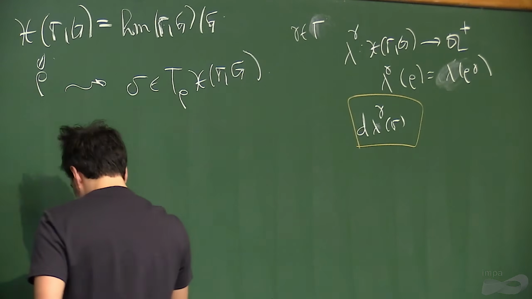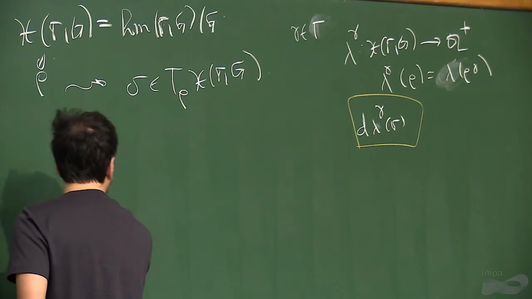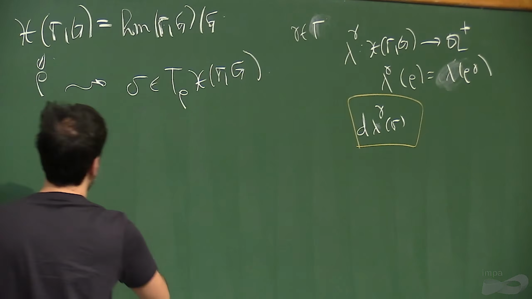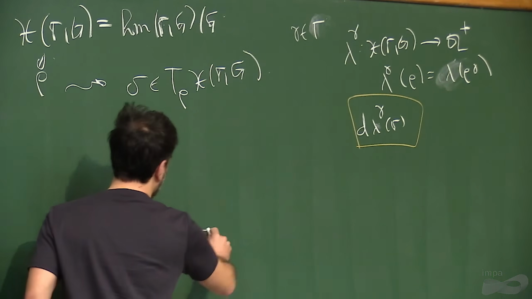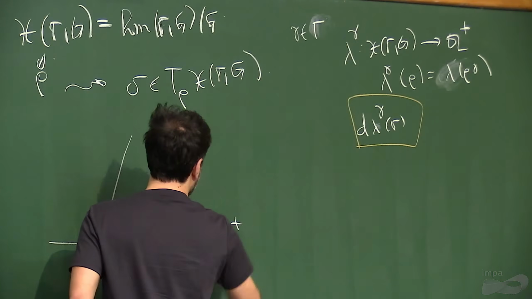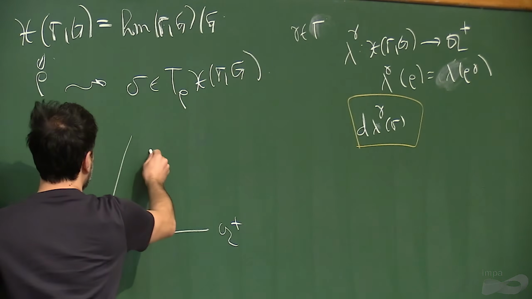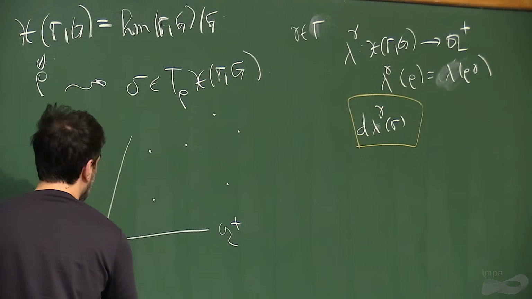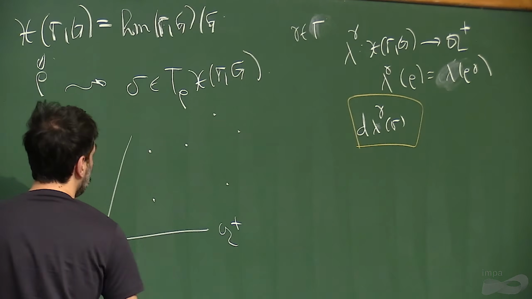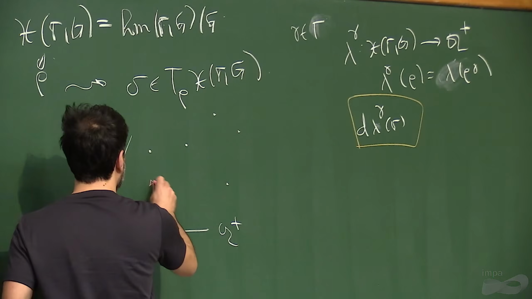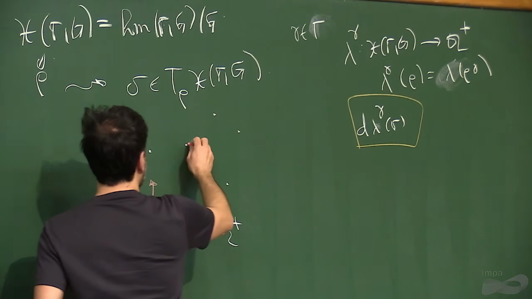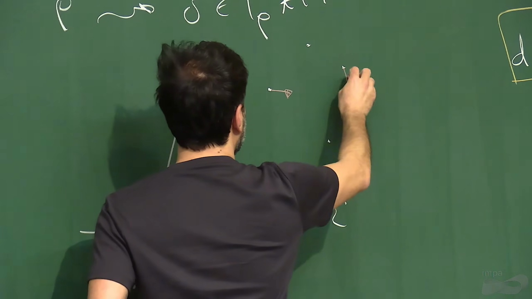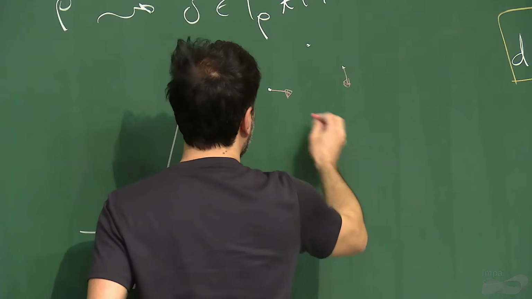So what's happening? What is the picture to have in mind? I have my cone. I have all these points. And now above each of these points, I have a small arrow. Small or big, I don't know.